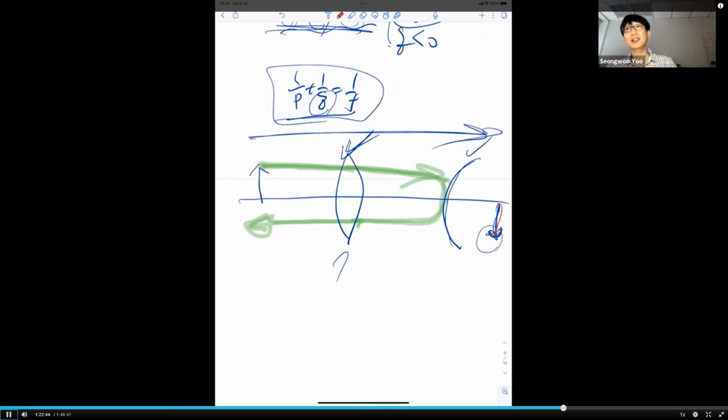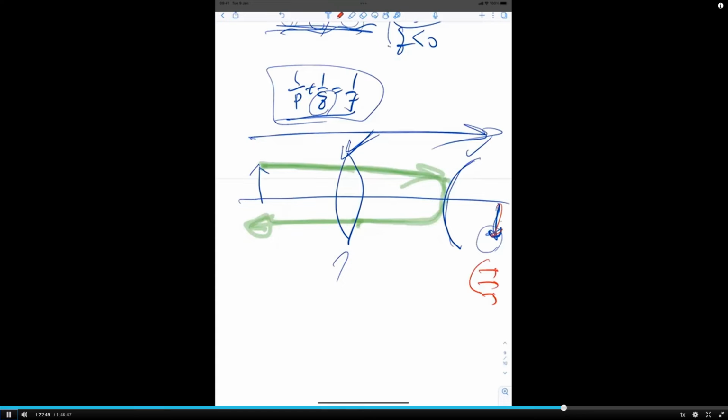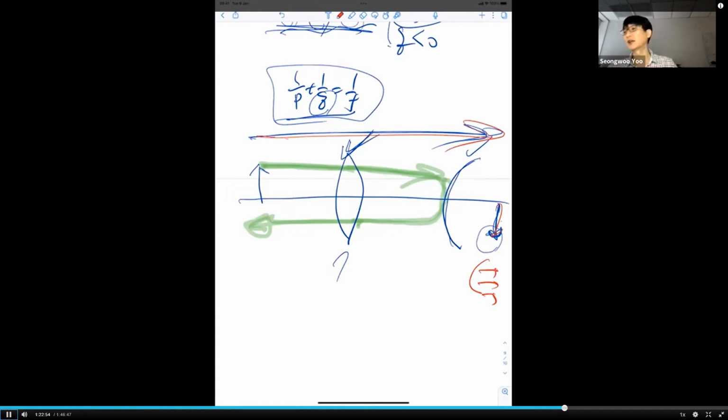Let's say this object is still a hand torch, shining light from left to right, according to the light flow direction. Therefore, there is no actual interaction between this object and the mirror. In other words, this must be a virtual object, which means its measured p-value is negative. Now, you solve this equation for the mirror, and you will find that its next image will appear here.